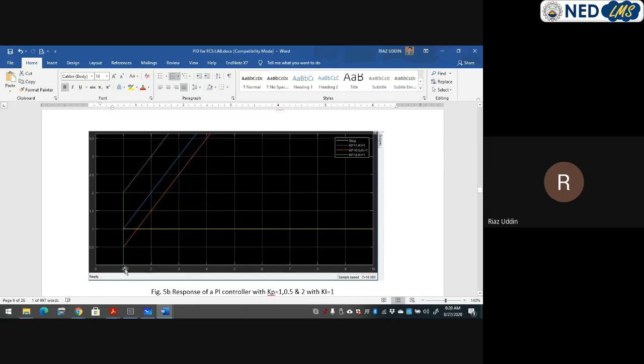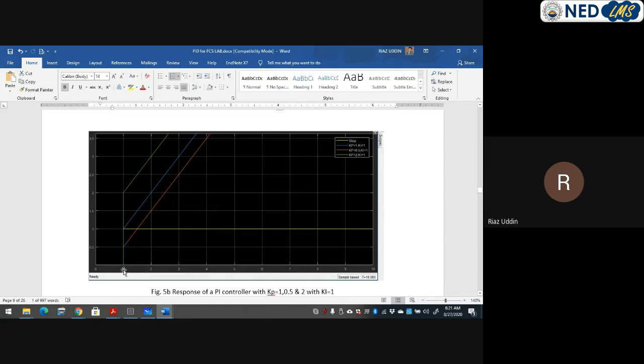So at 2 it gives a certain value, and at 3 it gives 2.5. Similarly here, when kp is equal to 1 you have this offset, and when you have kp equal to 2 you have this offset.